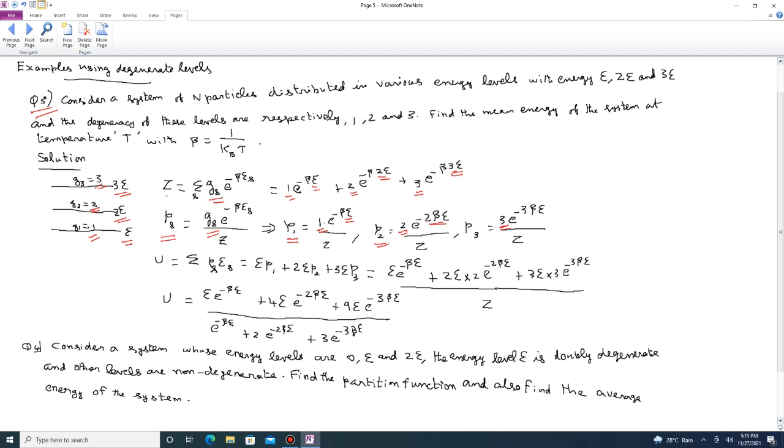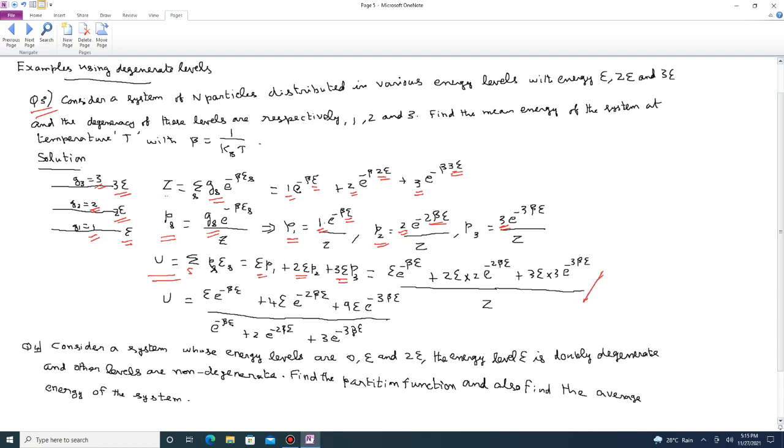Now from this, the mean energy can be calculated. Mean energy is summation over s, P_s E_s. So E1 P1 plus E2 P2 plus E3 P3. We already calculated P1, P2, P3. You know the expressions for the energies: E1 is equal to E, E2 is equal to 2E, E3 is equal to 3E. So once you substitute, it becomes like this.